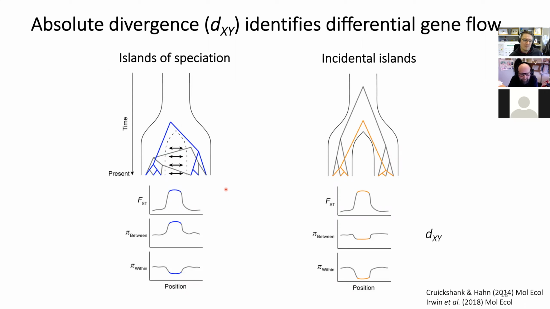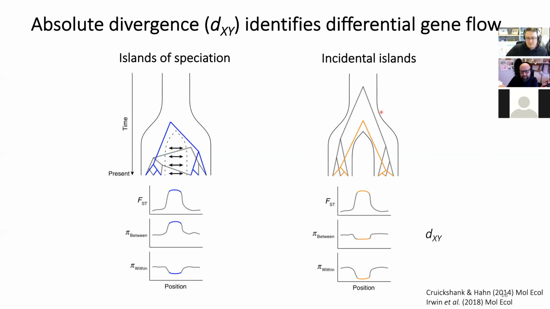So if you look at the left-hand graph, what you can see is the model where some regions are prevented from undergoing gene flow because of barriers to gene flow.